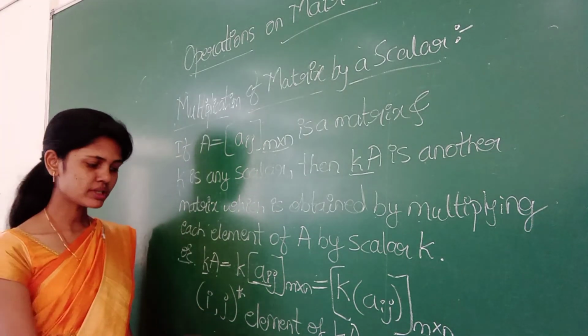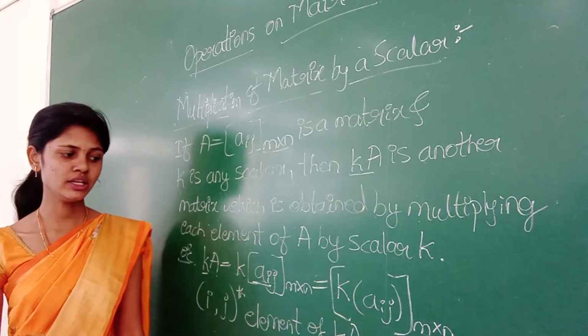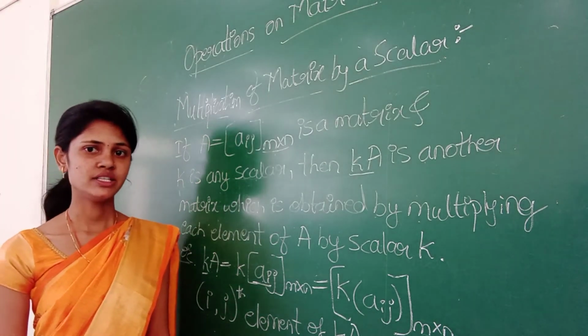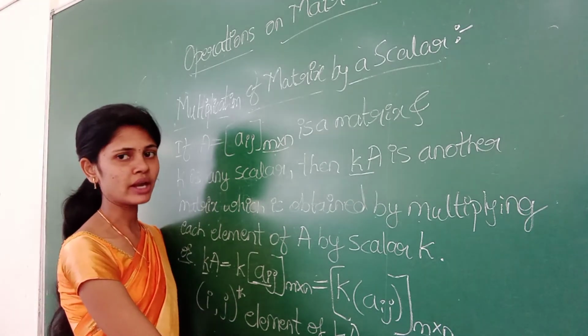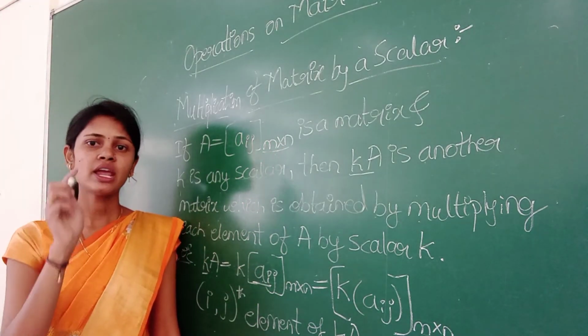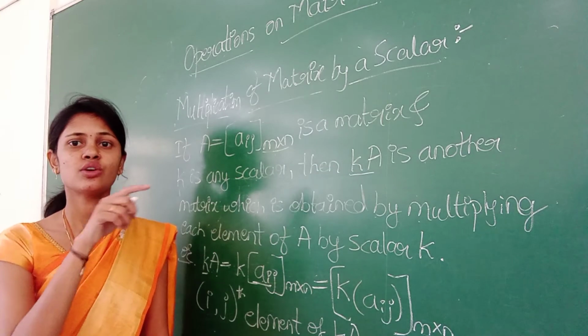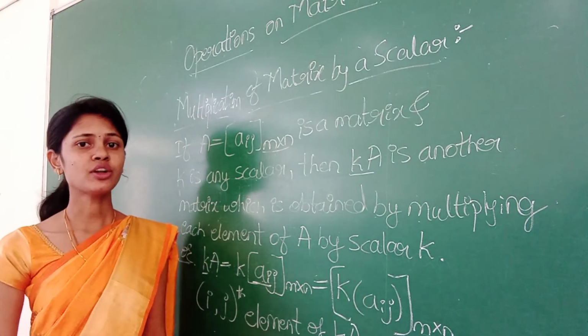So i comma jth element of KA is KAij, that is here KA represents K into the matrix A and KAij represents the multiplication of K into the element of the matrix.